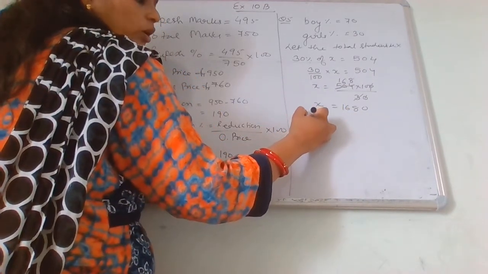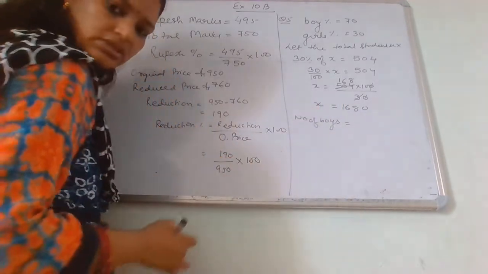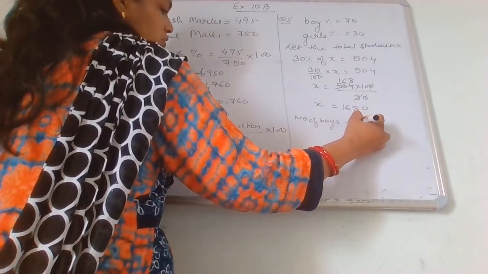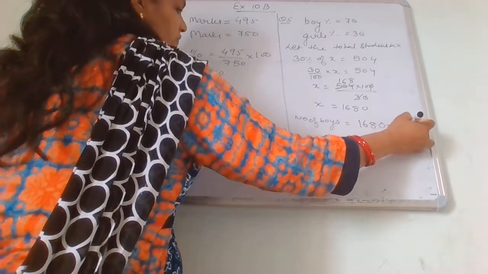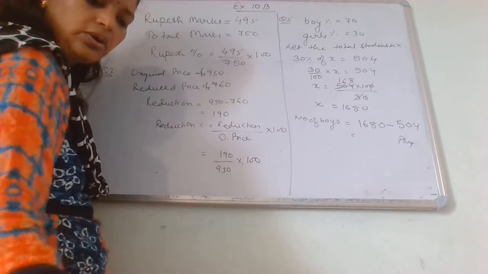So number of boys is equal to how much? Total students minus number of girls. So it will be 1680 minus 504. You subtract it, whatever answer comes, that is your answer, right?